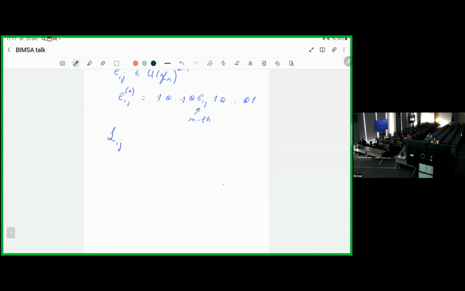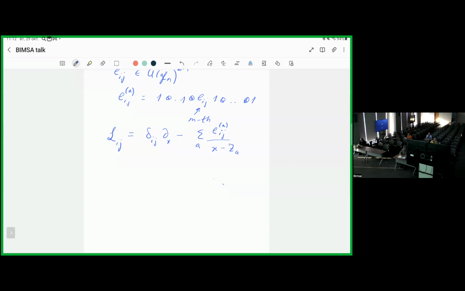So now, for each i and j running from 1 to n, I'm going to introduce an element L_ij, which will be a differential operator of order 1, actually, or 0. It is given by the following formula: delta_ij times the derivative with respect to x, so a differential operator in the parameter x, minus the sum over a of E_ij^a over x minus z_a. So z_a are those complex numbers that I fixed in the beginning.